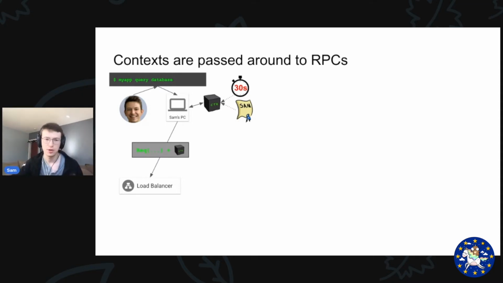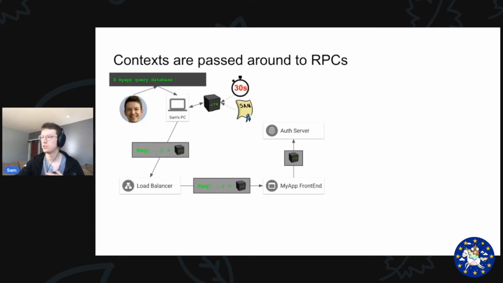Let's say it goes to a load balancer. The load balancer forwards that request and the context to a front end, which could maybe just forward the context to an auth server, which could extract out those credentials, validate that I'm Sam and I have permission or whatever.